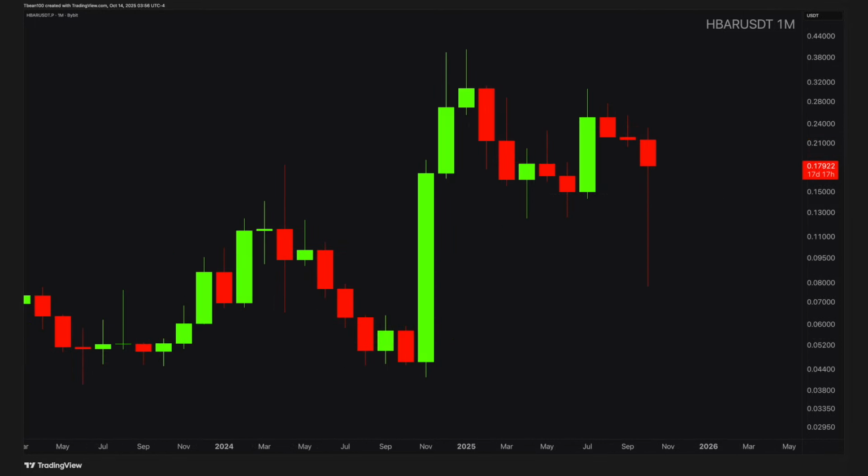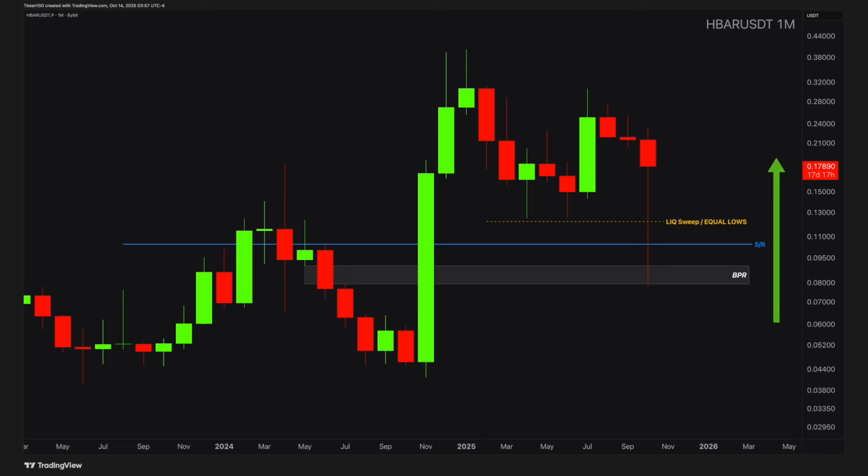Now, this is another one of my favorite altcoins to swing invest in. And what happened here? This extreme wick wiped out a ton of leverage traders and some investors. It completely swept those equal lows, tapped deep into this big BPR area, the overall support and resistance flip zone, and then rallied all the way back up one more time.